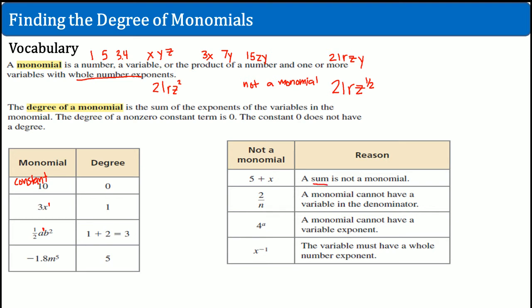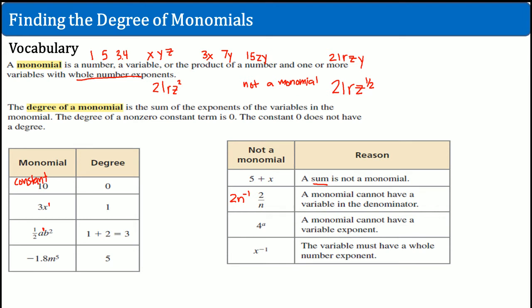You cannot add. Here, do you see how the variable is in the denominator, which is on the bottom? Or if you remember the exponent lesson, this is just also written like this. Do you see how this is a negative 1 exponent? So this is not a monomial.